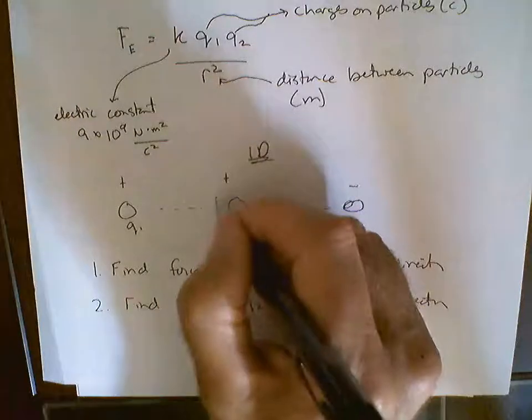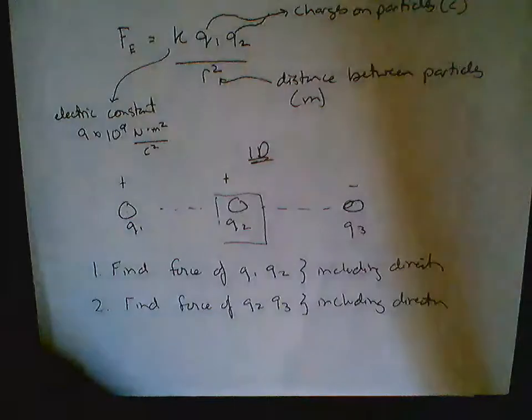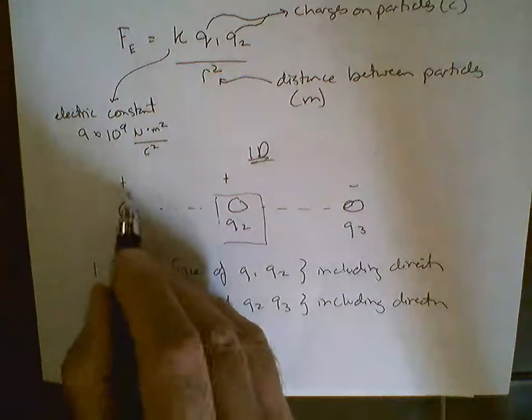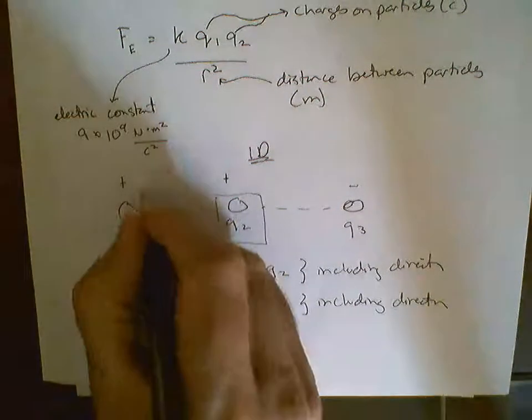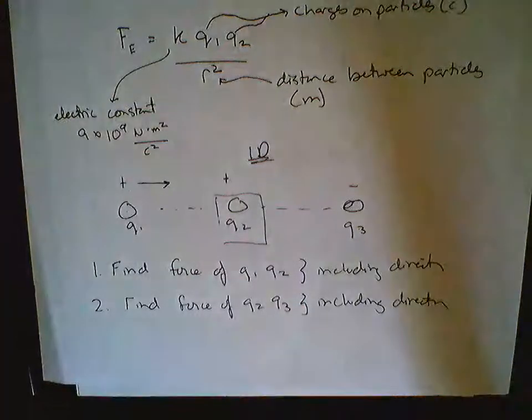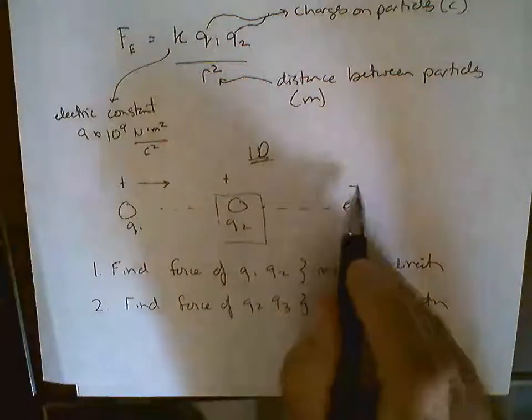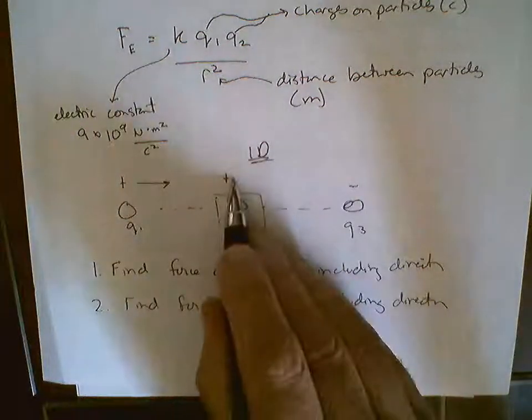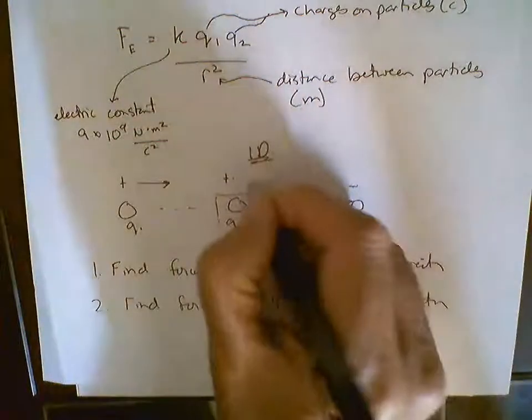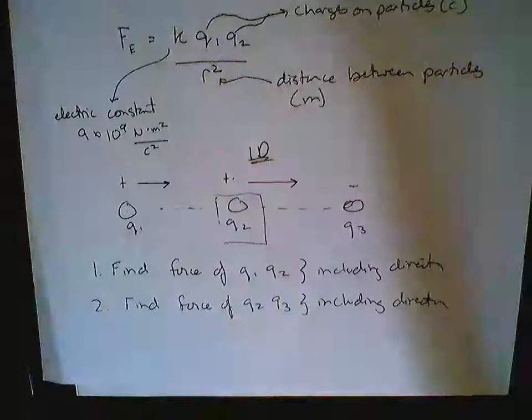So this is the one we're focusing on right here. Now, first thing you do is you look at the charges. They're both positive, so the Q1 is going to be pushing the Q2 this way. Now, the Q3 is negative and the Q2 is positive, so the Q3 is going to be pulling this way.